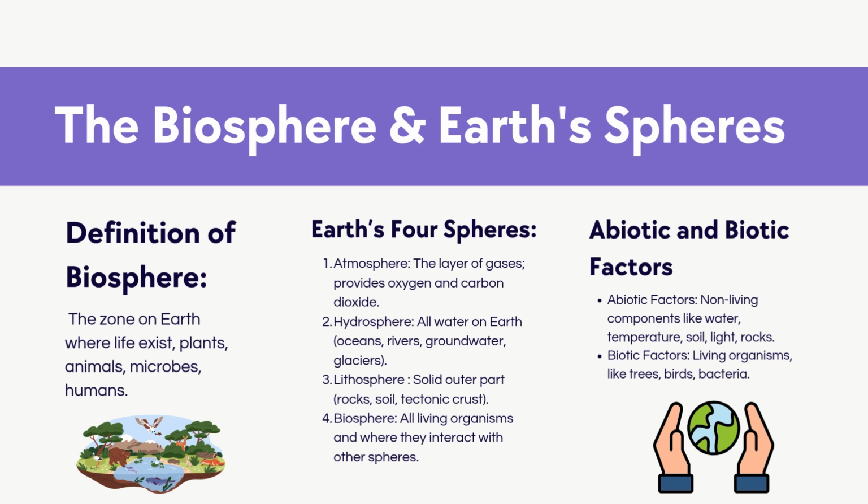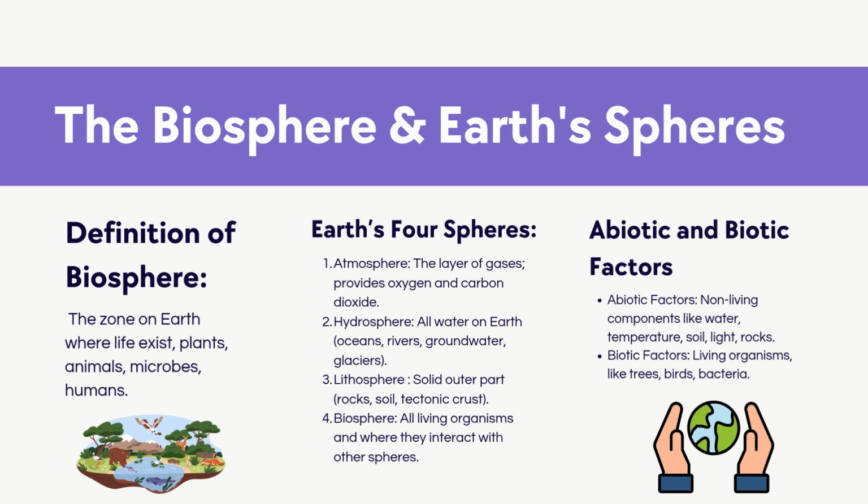So our planet is divided into four main layers or spheres. All life sits within the biosphere, but it depends on the atmosphere, air, the hydrosphere, water, and the lithosphere, soil or rocks. Guys, always remember, the atmosphere is the air around us. Everyone knows what the atmosphere is.